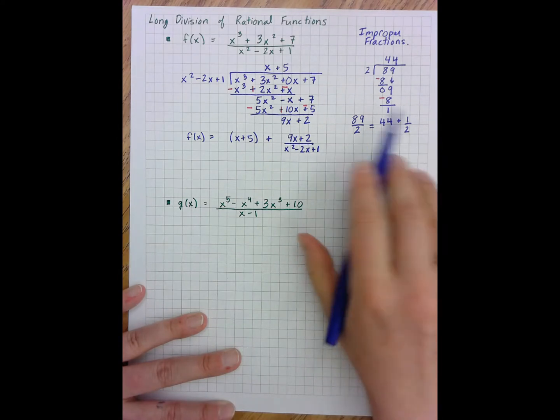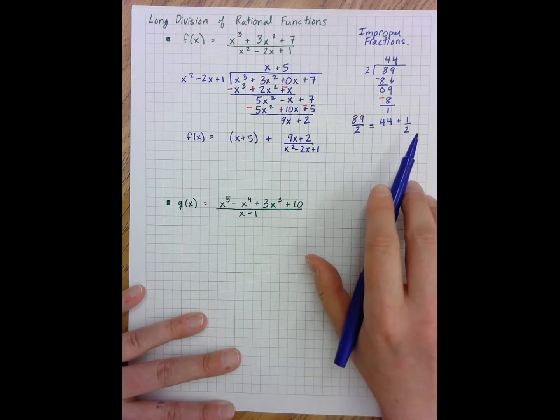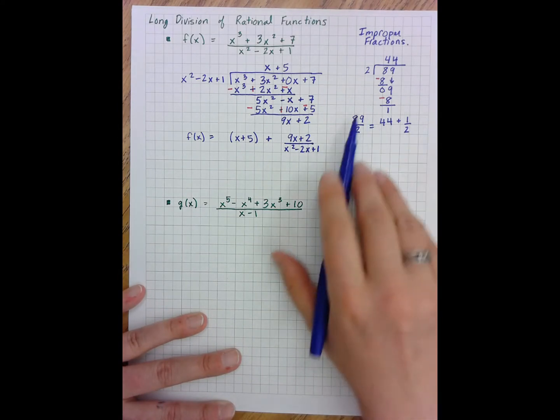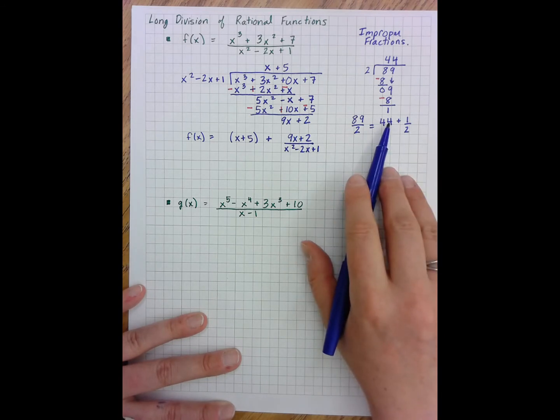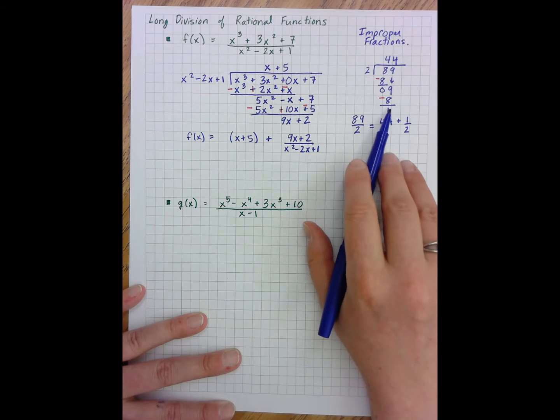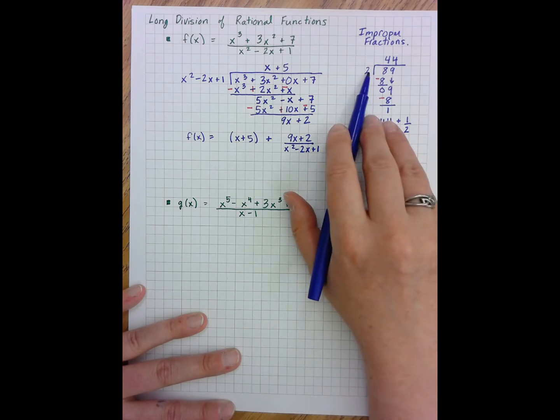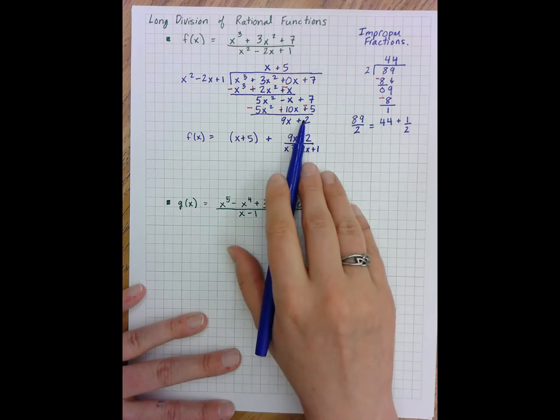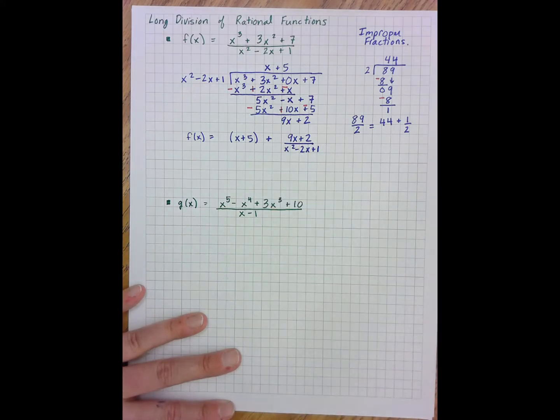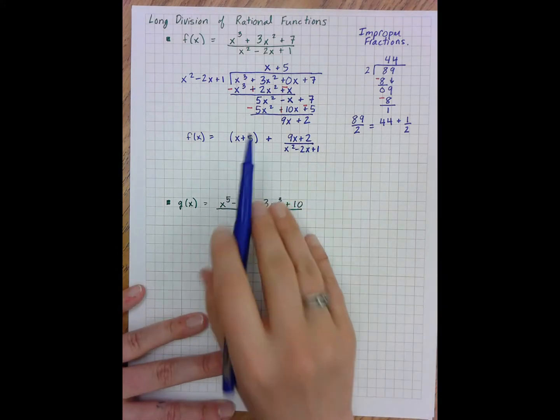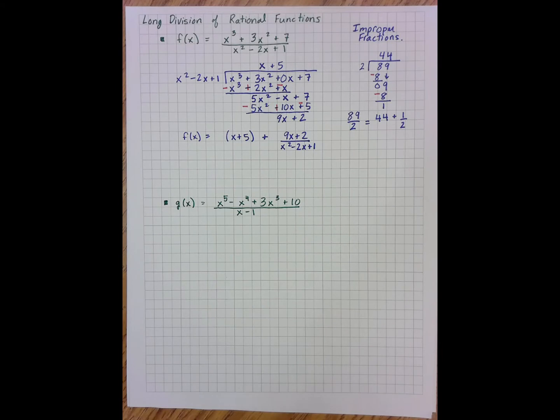And we can see the analogous relationship over here, where we said that 89 over 2 was 44 plus 1/2, the remainder over what I am dividing by. And for now, I'll just leave the x plus 5 in parentheses. It doesn't need to be, but at least then it distinguishes what it is that I have set up here.